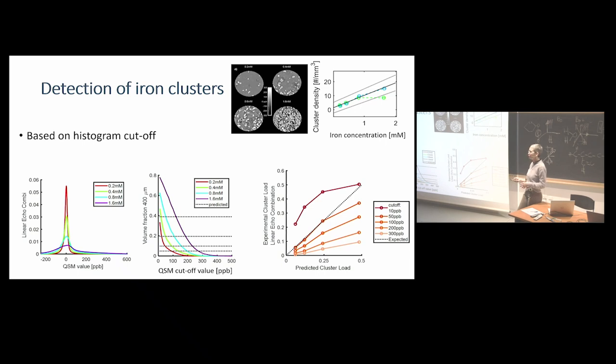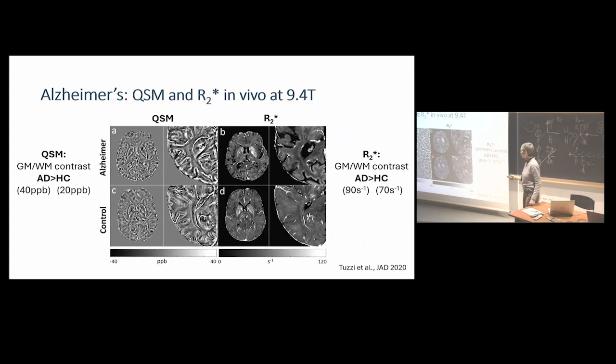And there is something in the clinic which tends to cluster iron, and that's Alzheimer's plaques. Even in a test tube, beta amyloid will start to capture iron and bind it. Therefore, if you look at an Alzheimer's patient and a control, the QSM values will be much higher, and the R2 star too.